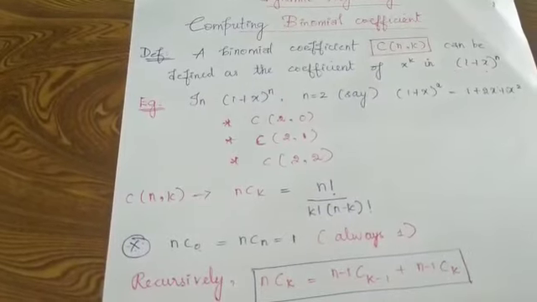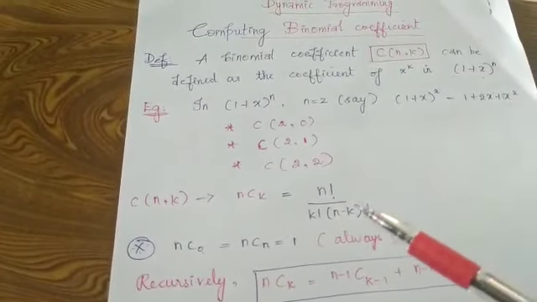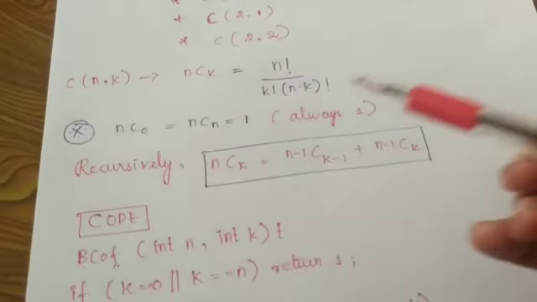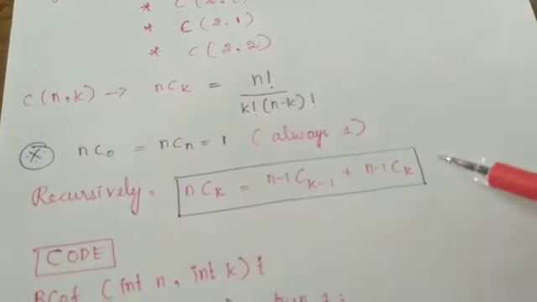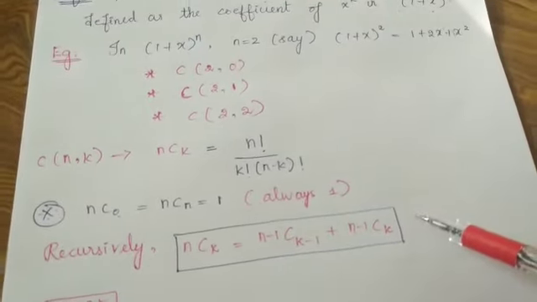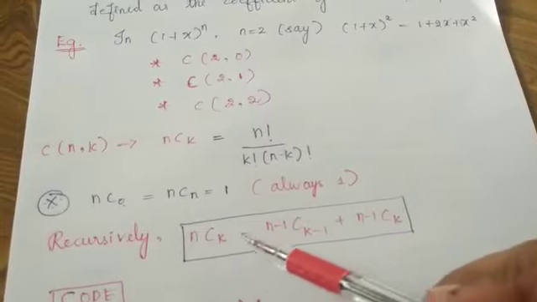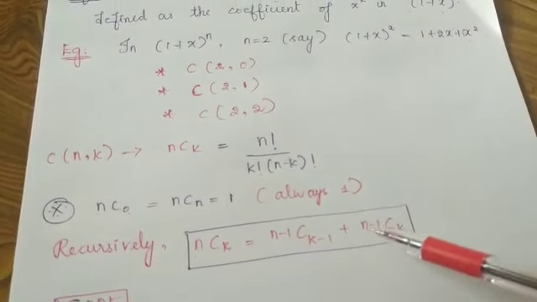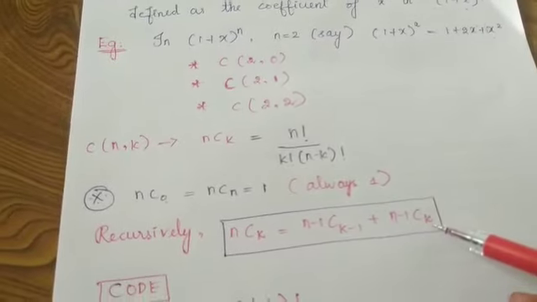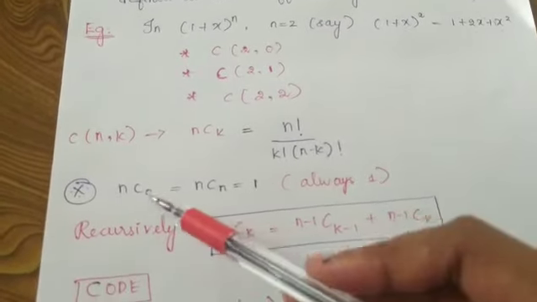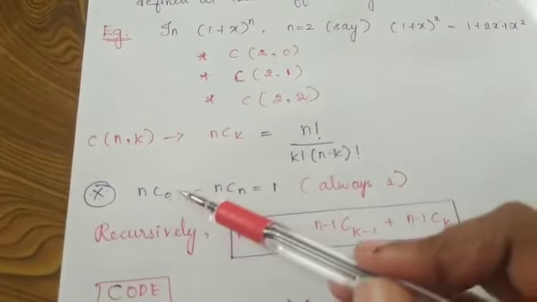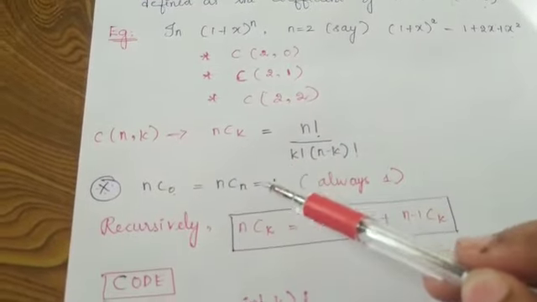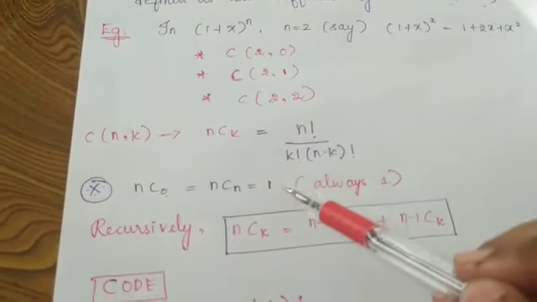By recursion, this is the formula for computing the binomial coefficient: nCk is equal to (n minus 1)C(k minus 1) plus (n minus 1)Ck. We must always keep in mind that nC0 and nCn are always equal to 1.